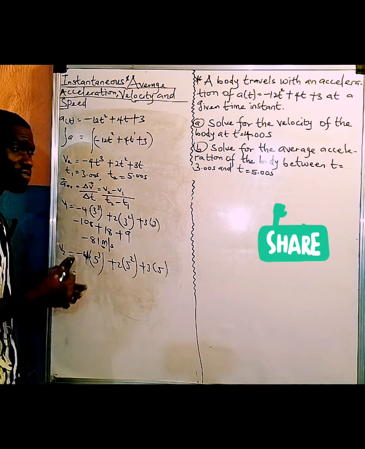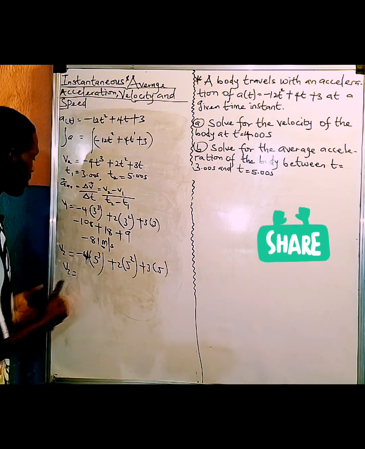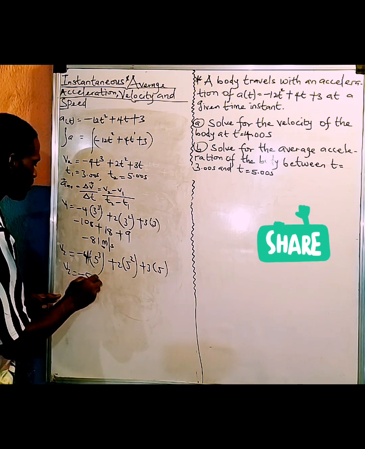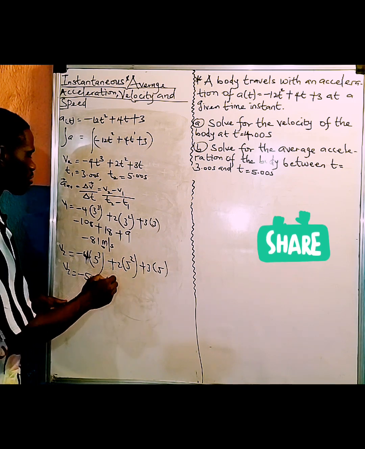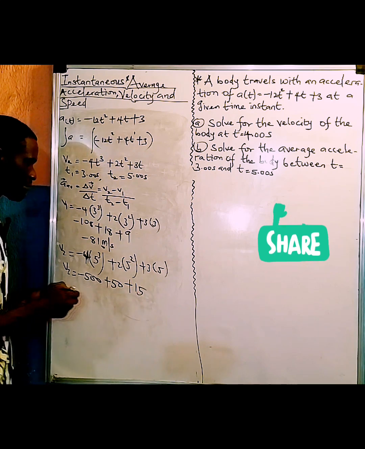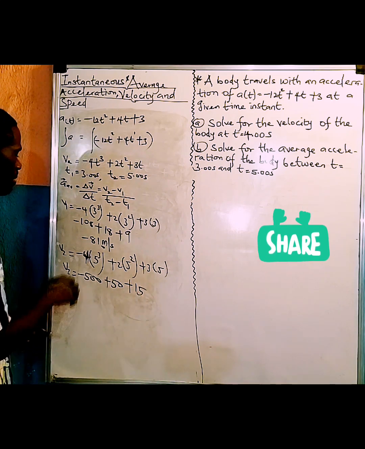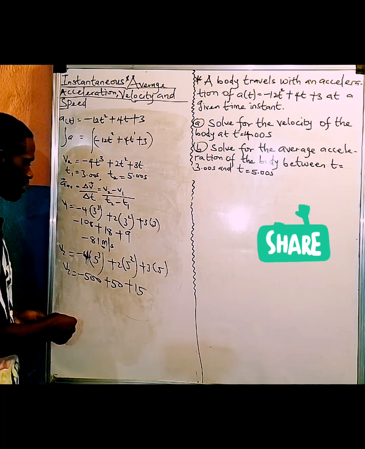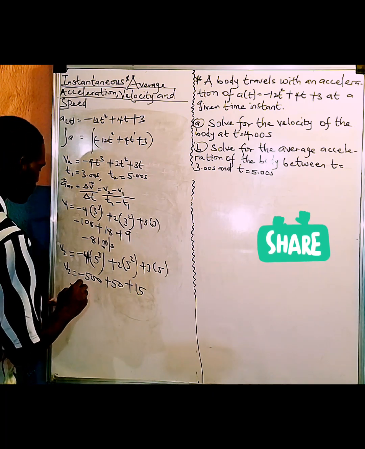So 125 times 4 is 500, so minus 500. 5 squared is 25, 25 times 2 is 50, plus 15. So minus 500 plus 50 will give us minus 450. Minus 450 plus 15 will give us minus 435.